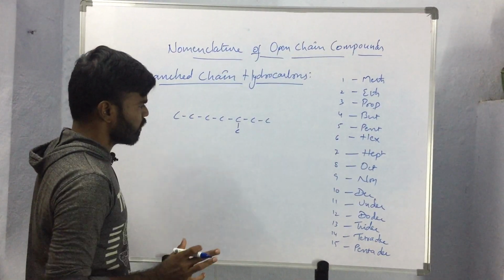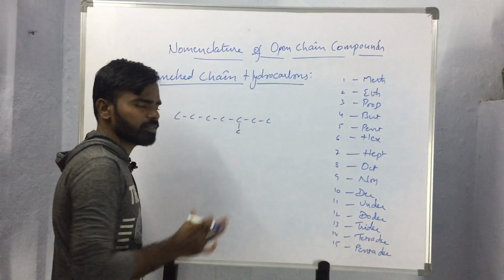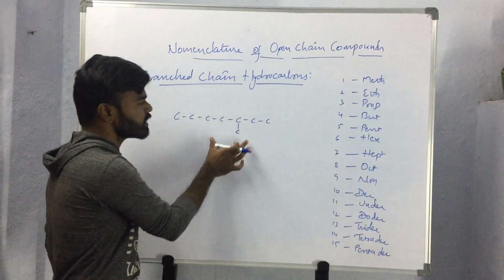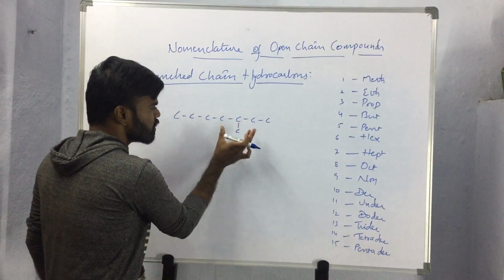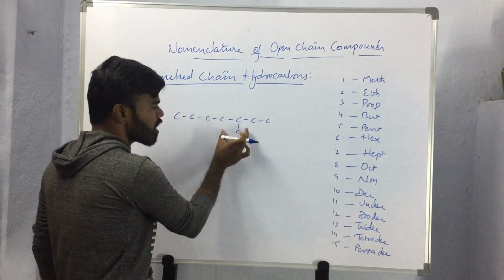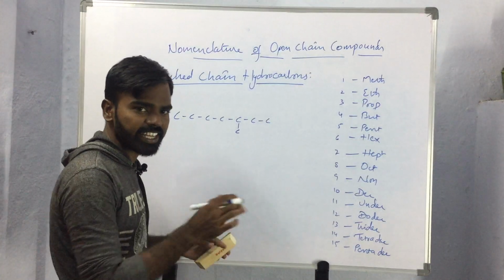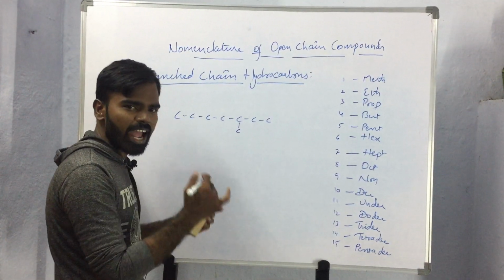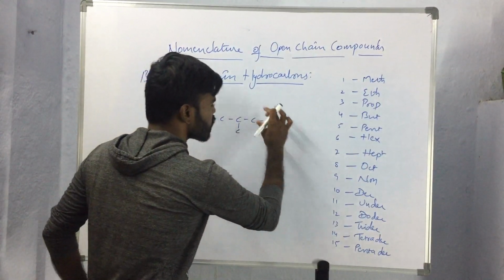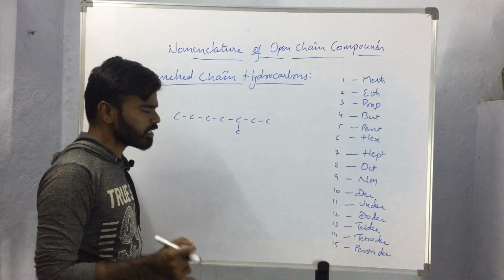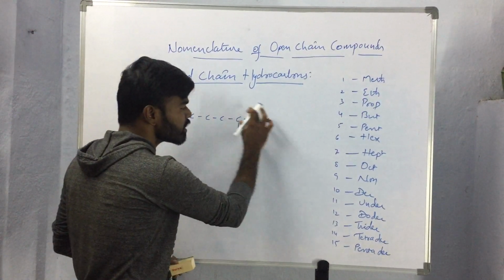In this condition, we call this compound a branched chain compound. We can define a branched chain hydrocarbon as the hydrocarbon that contains a substituent with fewer carbon atoms than the longest possible straight chain, that is, fewer carbon atoms than the parent chain.